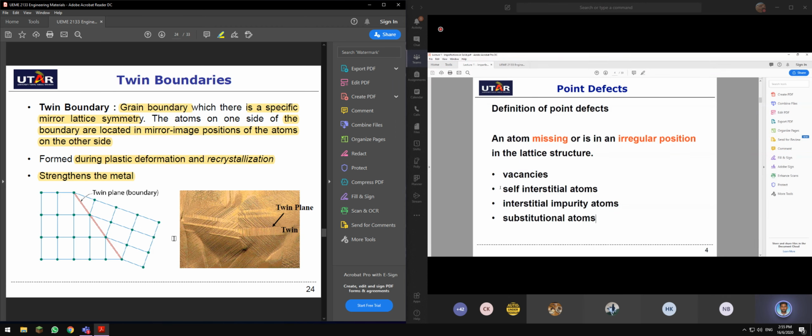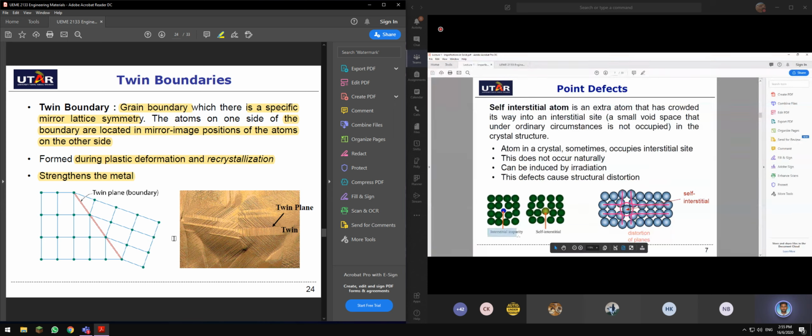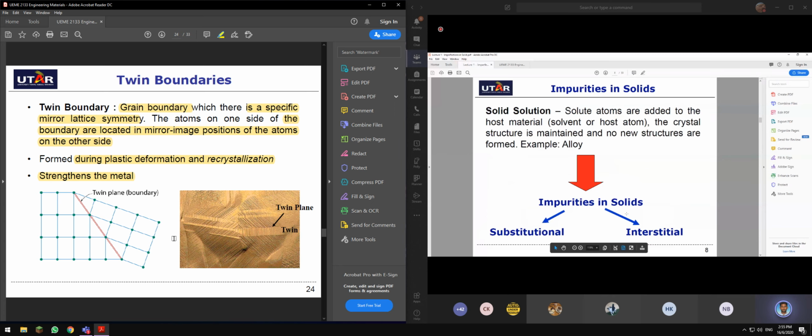We have 1, 2, 3, 4, which are vacancies, self-interstitial atoms, interstitial impurity atoms, and substitutional atoms. And these are the vacancy, and this is the formula. And for interstitials, you have two types, which are interstitial impurity and self-interstitial. For self-interstitial, the same atom will fill in the voids. For interstitial impurities, a different type of atom will fill in the void, and that will create a distortion.